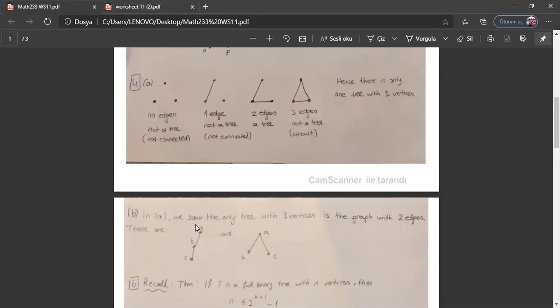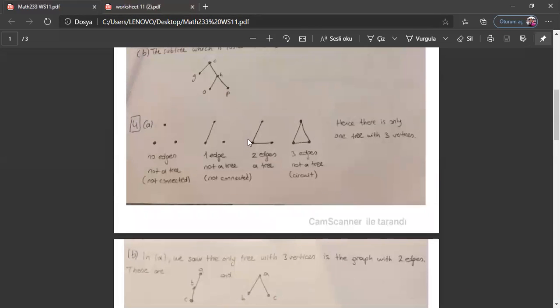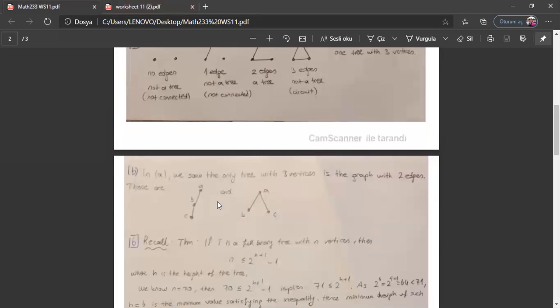So it may look like this, or look like this, right? So obviously there are only 2 non-isomorphic rooted trees with 3 vertices. Okay, and all unrooted trees with 3 vertices look like this, and rooted ones are these two.